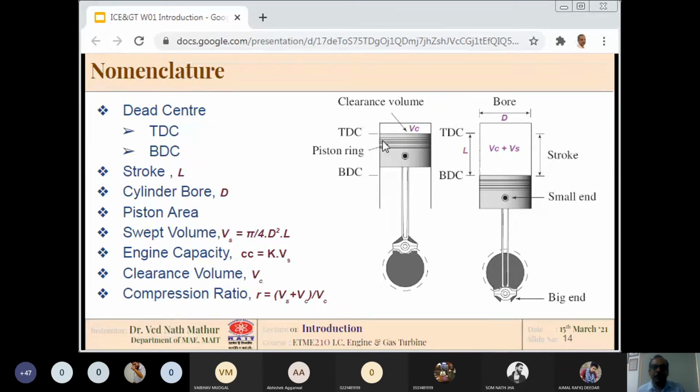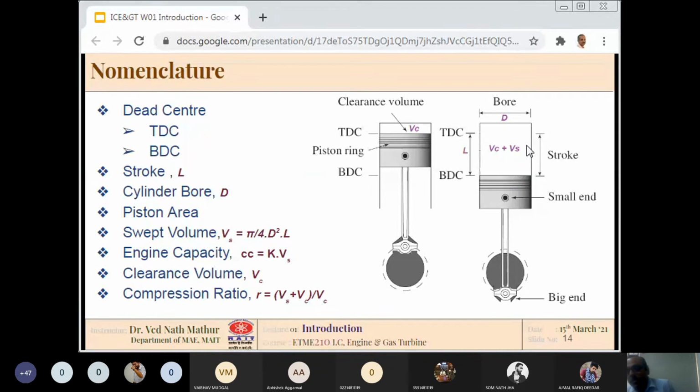For now, you should understand that the volume traveled by the piston is the swept volume, and when the piston is at the top most position is the clearance volume. The total volume in the cylinder is the summation of clearance volume and the swept volume. So when the piston is at top dead center, the volume inside the cylinder is clearance volume, and when the piston is at bottom dead center, the volume inside the cylinder is clearance volume plus swept volume.